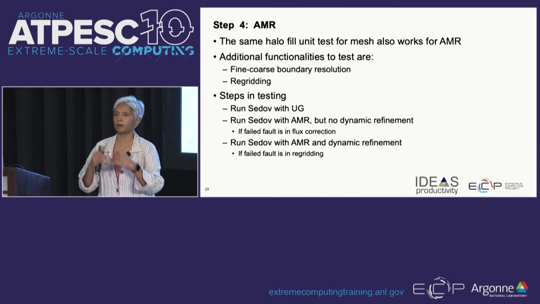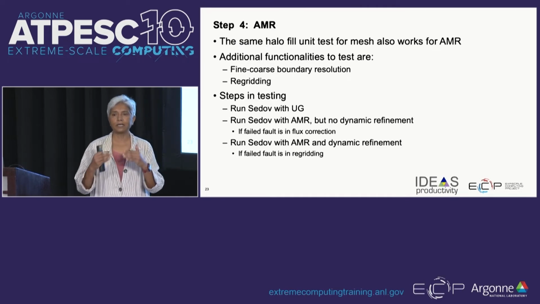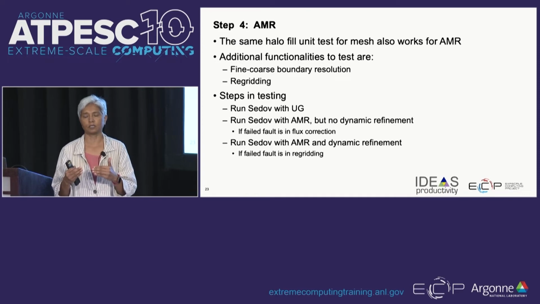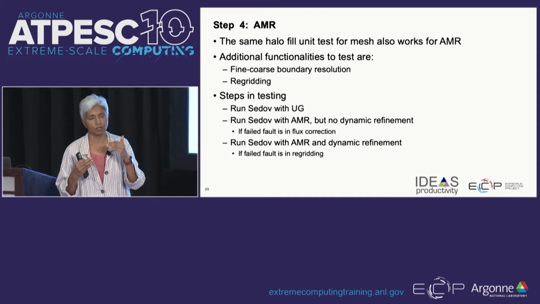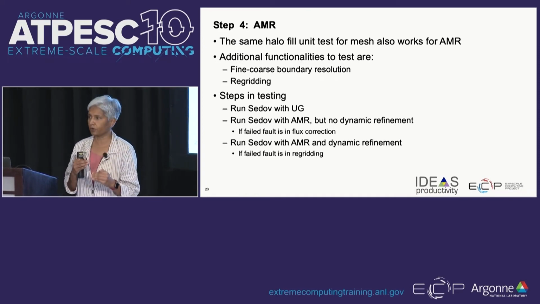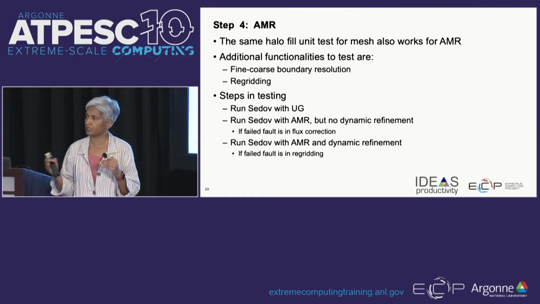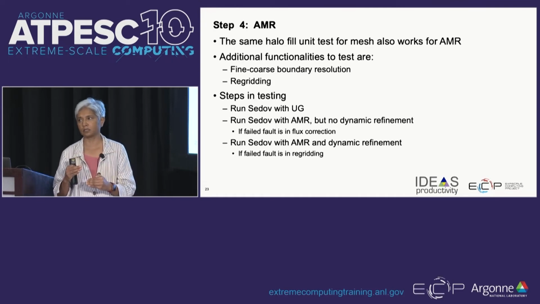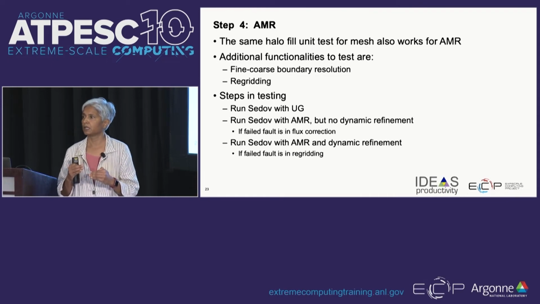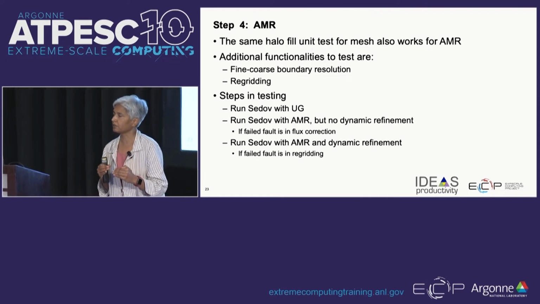Now we can apply reasoning to figure out where the error is, because if the first 3 tests pass and the 4th test fails, then we know that the error lies in the reconciliation of fine coarse quantities, and if the first 4 tests pass and the 5th test fails, we know that the error lies in regridding.